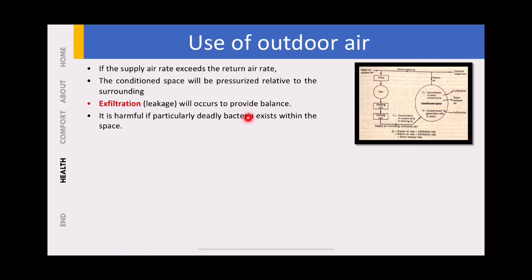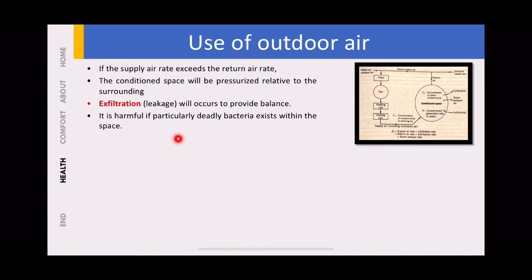Sometimes you leak out air rather than leak in because you have high pressure in the room. This is very useful, like in hospitals, where the corridor usually has lower pressure than the room. So when nurses and doctors open the room, air will rush out from that room because of the difference of pressure and will bring out contaminants as well, right?